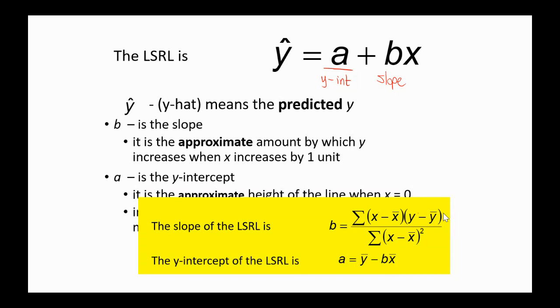The Y-intercept. A is equal to the average of the Y's minus B times the average of the X's. What is the LSRL again? Least squares regression line. Okay.